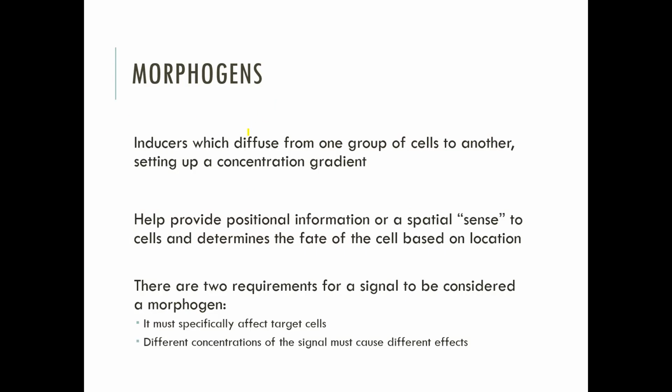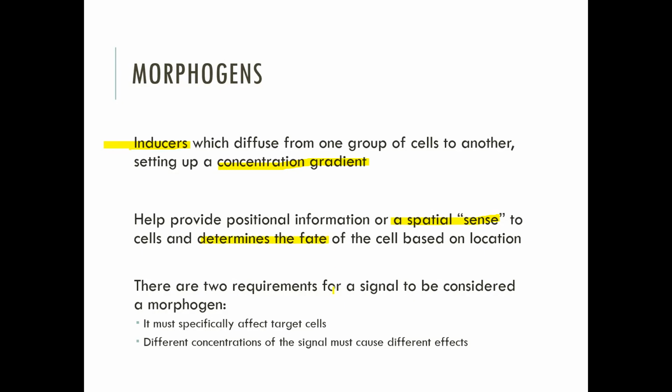All right, morphogens. Okay, now morphogens are inducers. So once again, these are chemical signals that come from the outside. So they diffuse from cell to cell. And here we have another concentration gradient. So it has to do with differences in concentration of different chemicals. And so this can help provide some spatial sense to the cells and help them determine where they are. And then it does play a role in the determination of their fate.